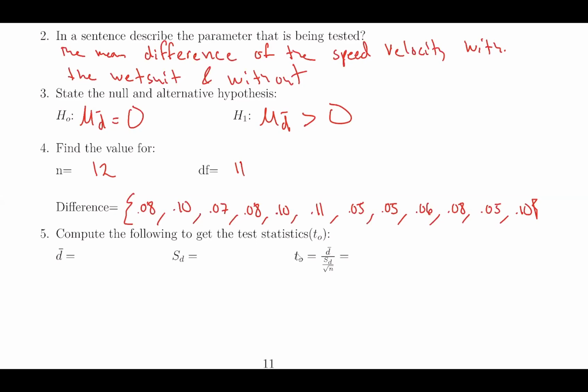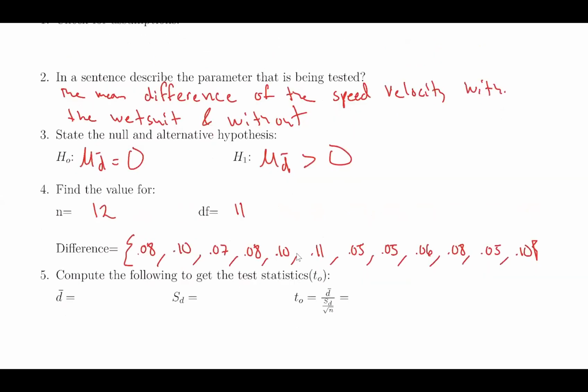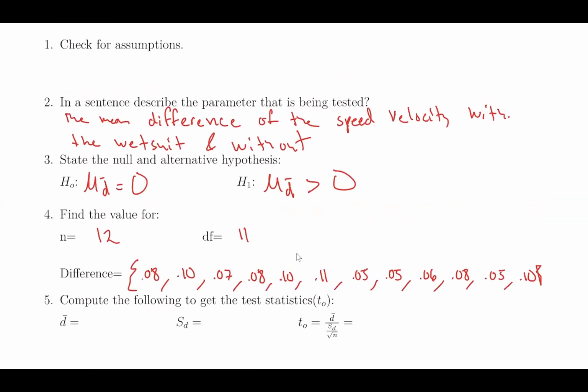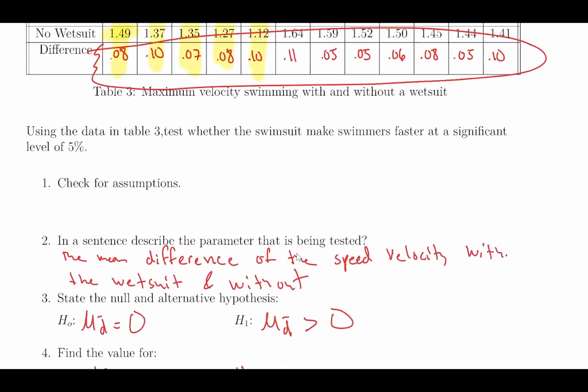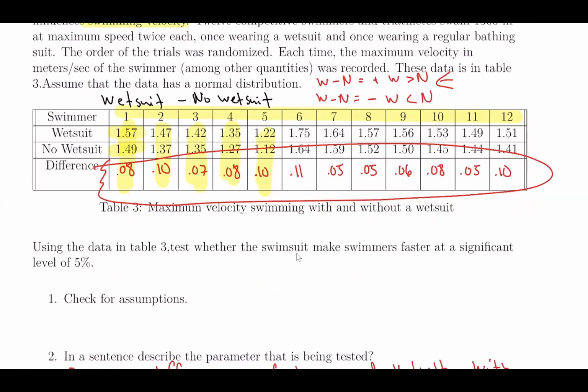Up next, I'm going to go ahead and check my assumption before I forget. So for this one, it's check for assumption. You have to check for the central limit theorem. But luckily for us, if you look at the problem, it tells us to assume that the data has a normal distribution.